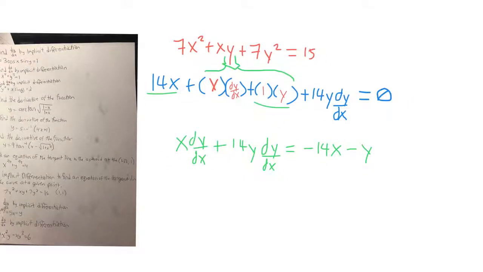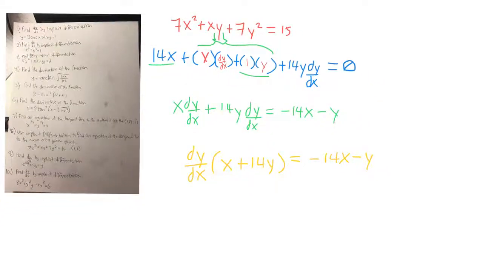Factoring out the dy over dx gives us x plus 14y, and that equals negative 14x minus y. Dividing both sides by x plus 14y would give us the final result.